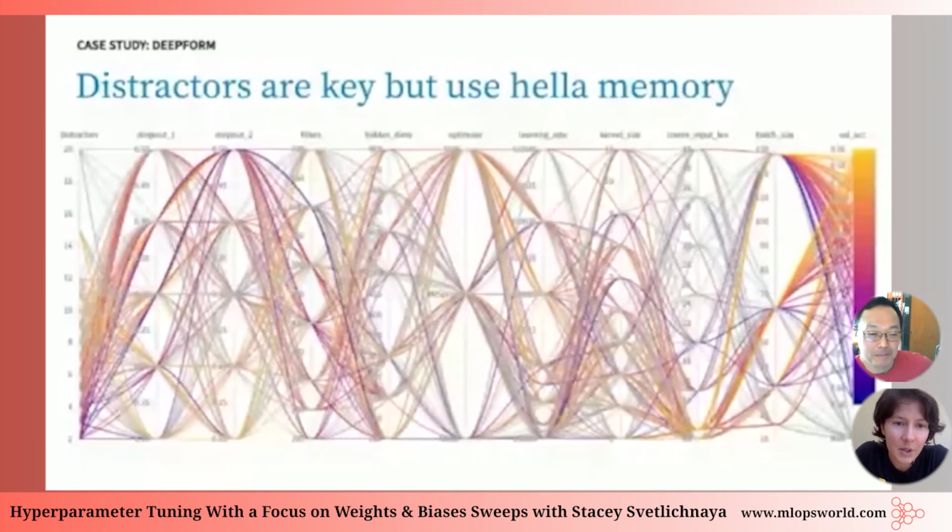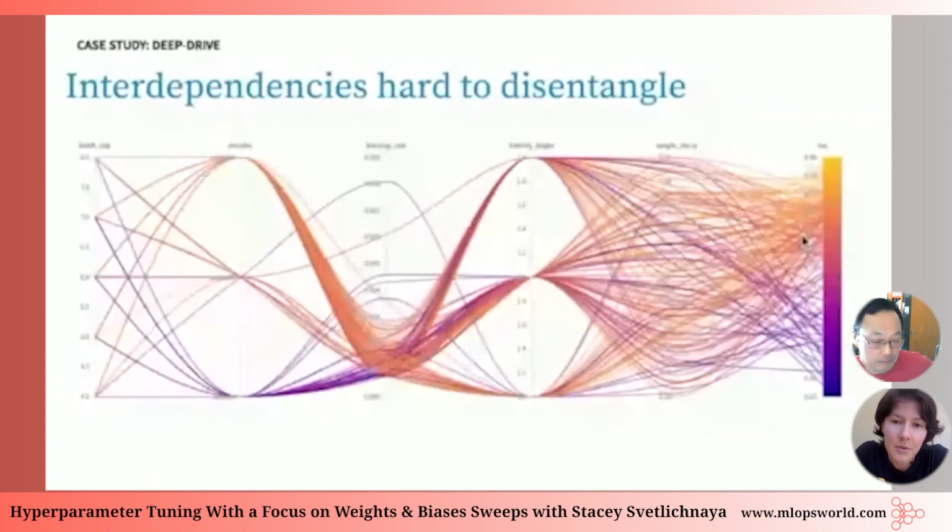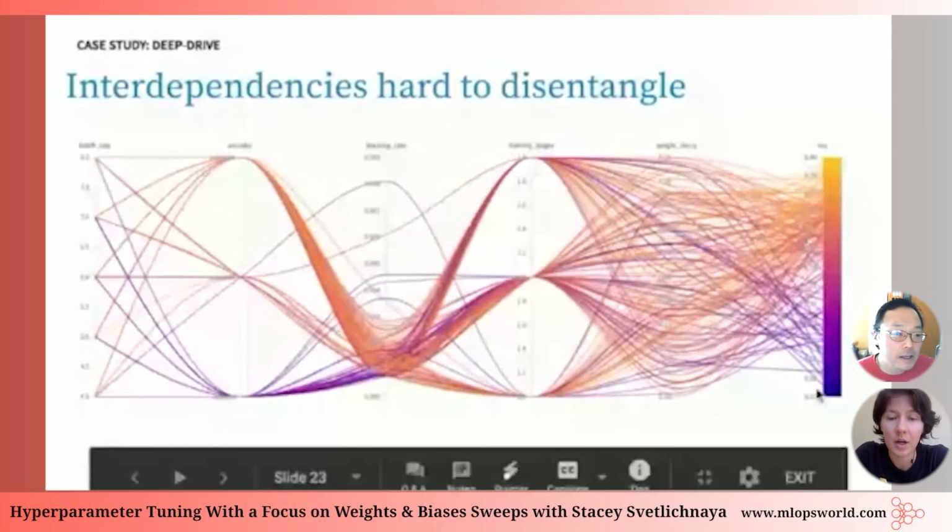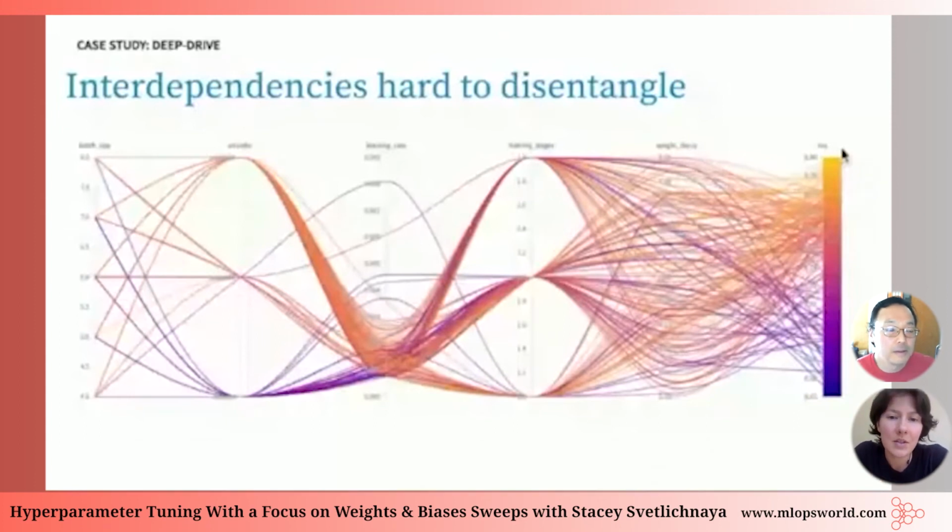I think this might be a good one to look at. So the rightmost column that has the color gradient fixed, that's showing our result metric. This is what we really care about in this model. In this case, it's intersection over union. So when we're detecting humans or cars, what fraction of the pixels is overlapping correctly out of all the pixels, right? So the higher it is, the better our model.